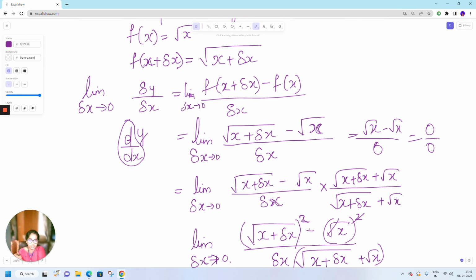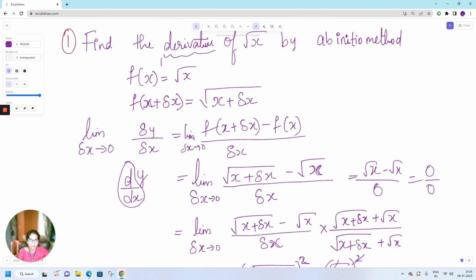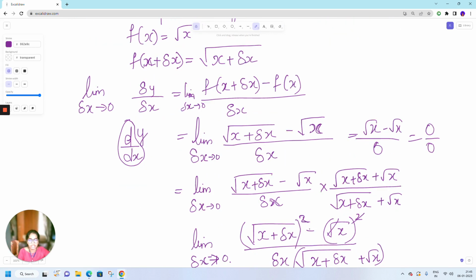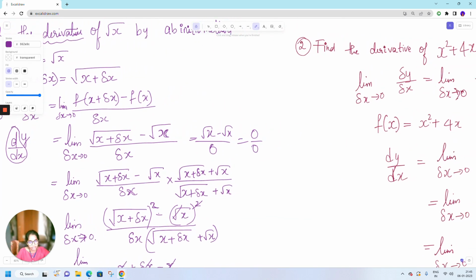First, whatever they have given us, that is the question f of x, find f of x plus del x. After that, substitute that in the formula. Since we are getting 0 by 0 form, I rationalize the numerator. In the second problem, I tried simplifying the numerator.